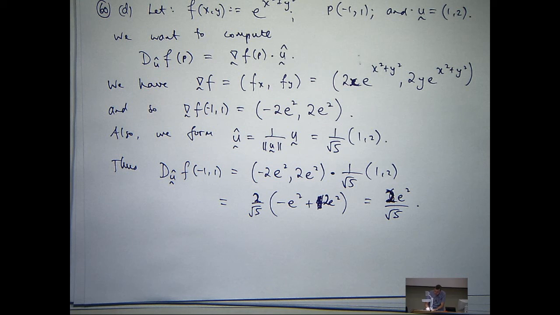Well, I guess just from this value, I can tell that the function's increasing in that direction because it's a positive value. Okay, and we'd think, well, if it's some sort of derivative, and it's positive, you would expect the function to be increasing. So you're right, and you can tell by the sign on the value here.